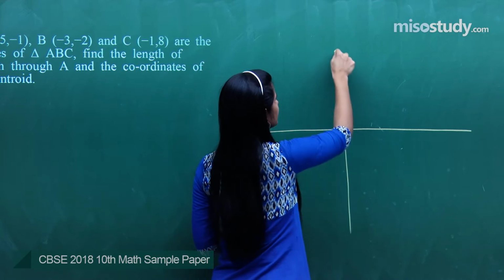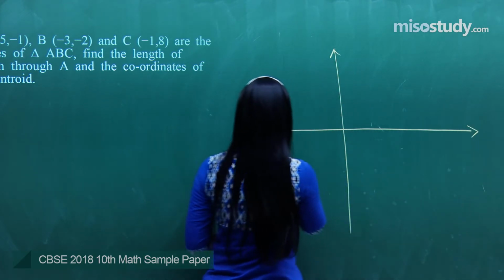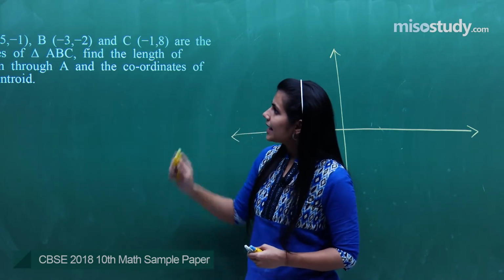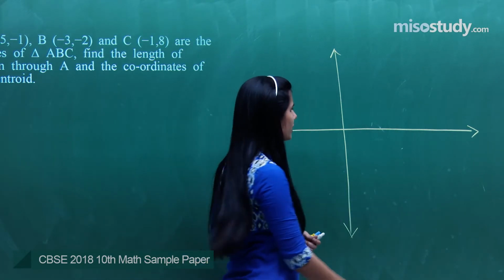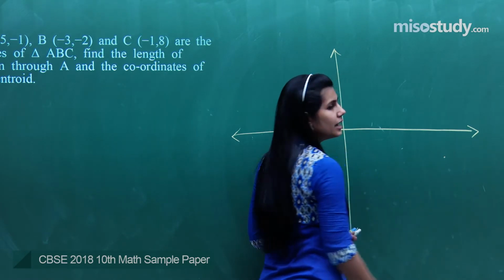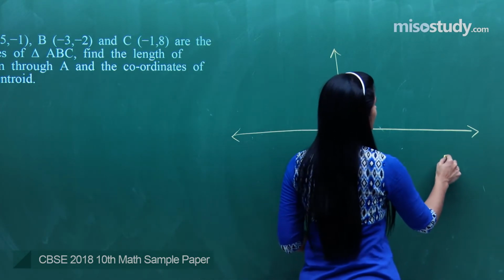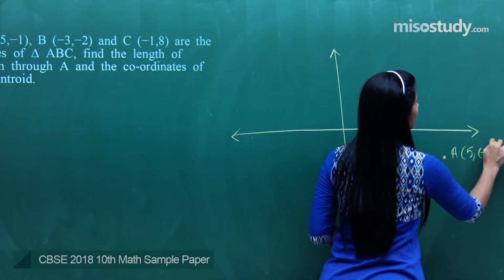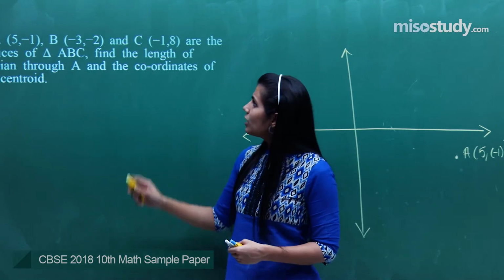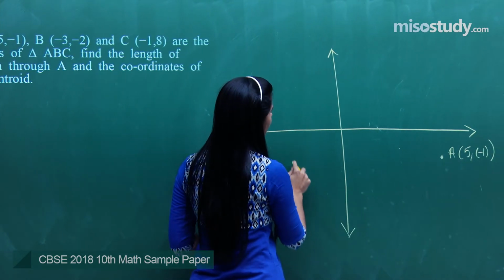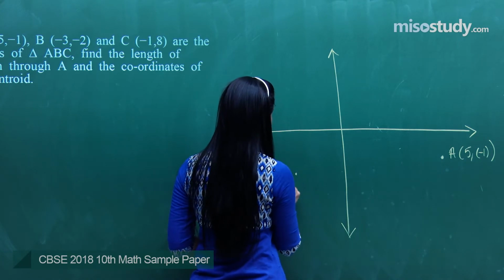Okay, so suppose this is my coordinate plane. I have point A as 5 comma minus 1. So here somewhere is 5, here suppose you get your minus 1. So this is your point A. After that you have point B as minus 3 comma minus 2. So somewhere here is minus 3, somewhere here is minus 2.